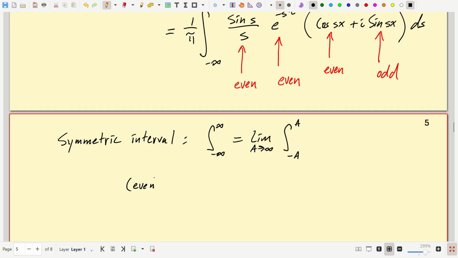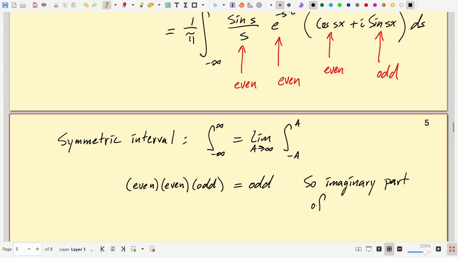So the imaginary part of that integral is a big fat 0.